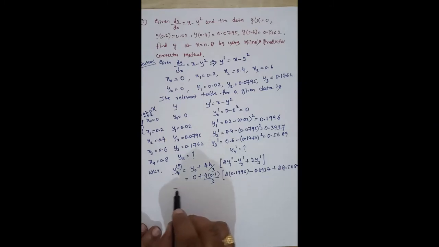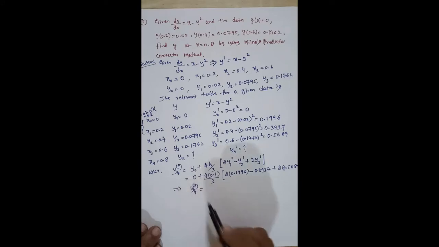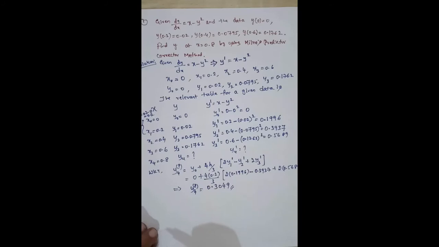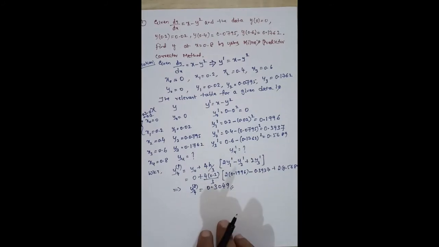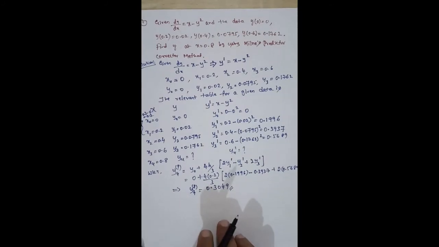So if I simplify this, use your calculators and simplify, we get the predicted value for this problem. So if you use your calculator and solve, it comes around 0.3049. So this is the predicted value for the problem.